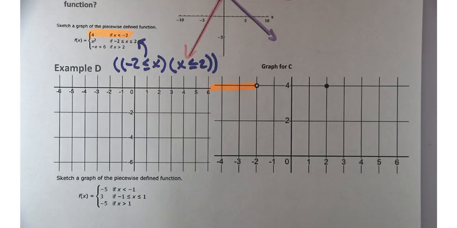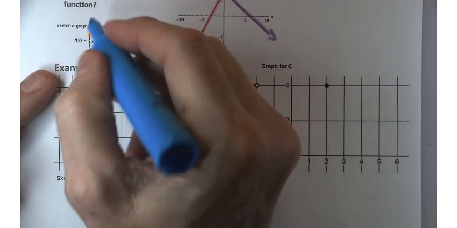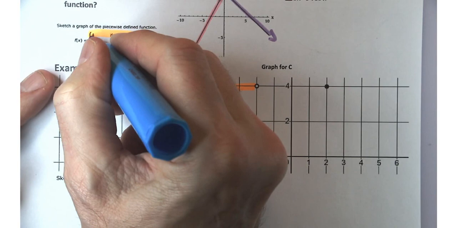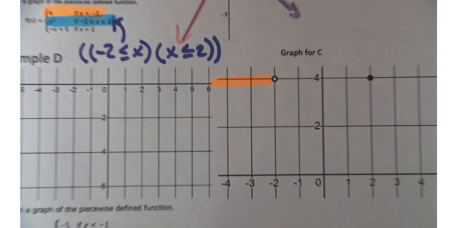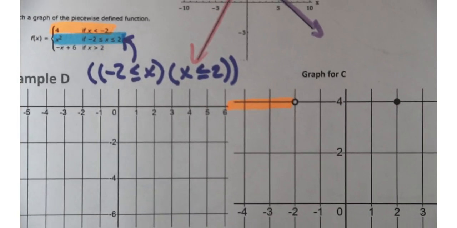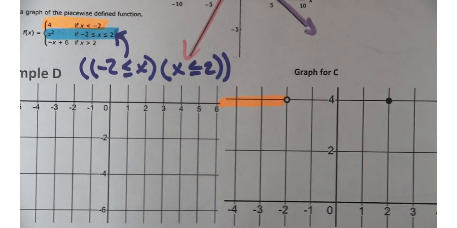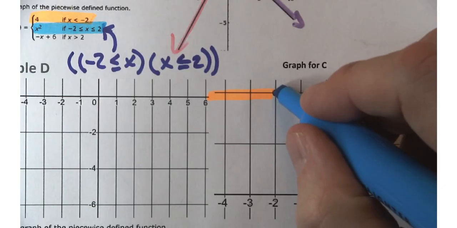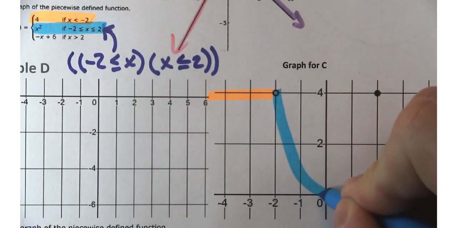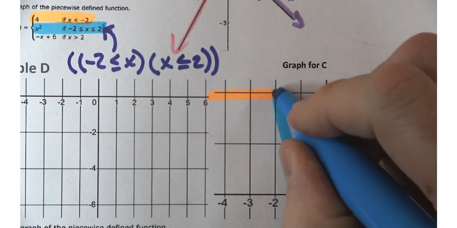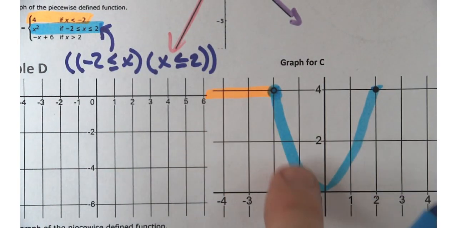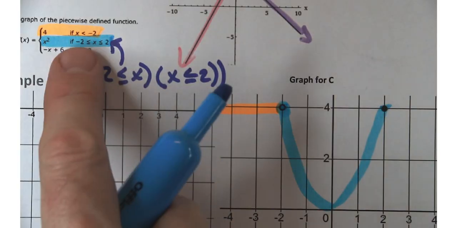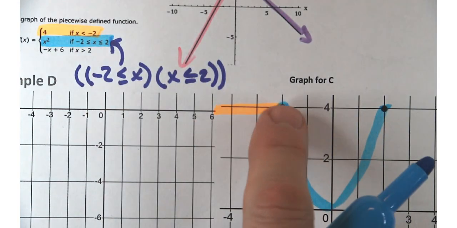Does anyone know why that hollow dot gets filled in? This part, right here: -2 is less than or equal to x less than or equal to 2. So for the parabola part, you actually fill that in, because the less than or equal to at -2, -2 for x would give you 4 for y. So it fills in that hole.